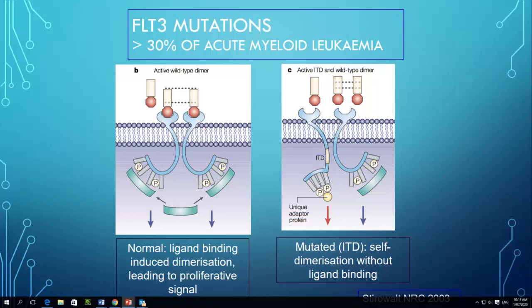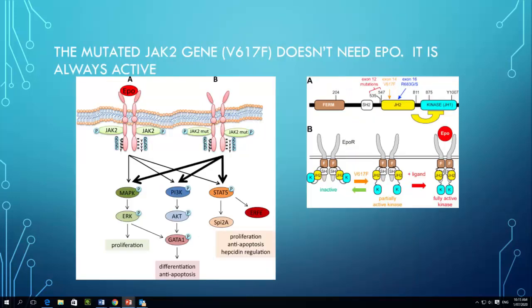But if you have a mutation, then it's kind of switched on the whole time. It's a tyrosine kinase, so it regulates cell survival, proliferation, and differentiation of stem or progenitor cells. Mutations cause this to work all the time, so it doesn't need to have a signal in order to be activated. It switches this accelerator on without needing another protein to switch it on.